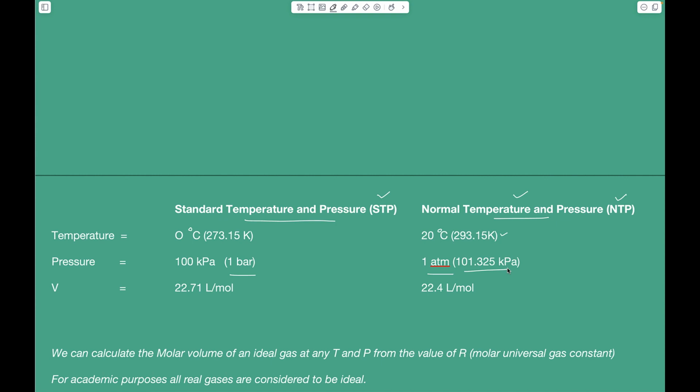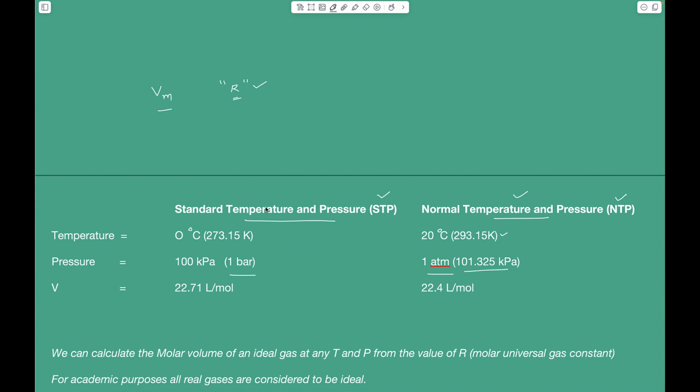Now, we can calculate the molar volume of any gas by using what is known as the universal gas constant or molar universal gas constant, that is denoted by the letter capital R. We can calculate the molar volume of any gas at any temperature and pressure by using this universal gas constant.